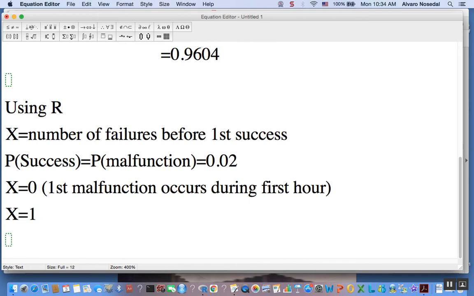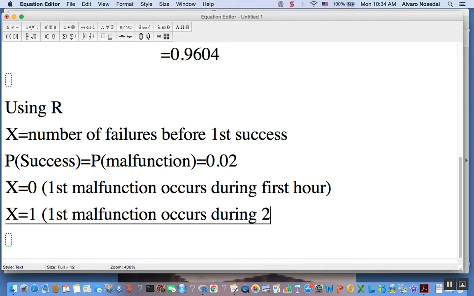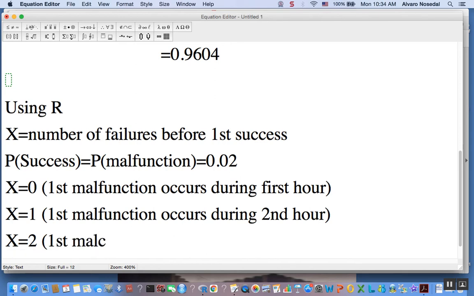If x equals 1, that means that the first malfunction occurs during the second hour. And if x equals 2, similarly, the first malfunction occurs during the third hour.